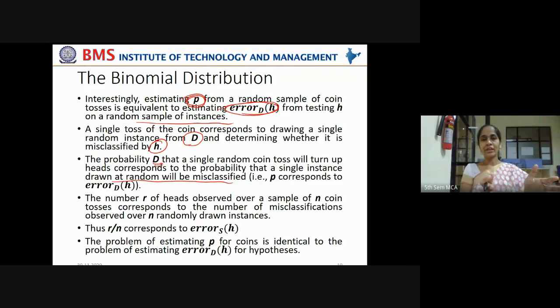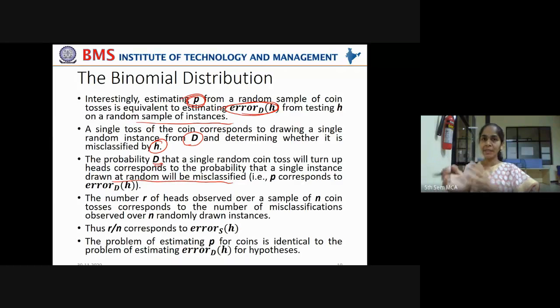In the coin toss experiment, you're taking R as the number of heads, the probability of observing R heads out of n coin tosses. Now come to this scenario. We are taking a new instance from the population and seeing whether your machine learning model predicts that new instance correctly or not.